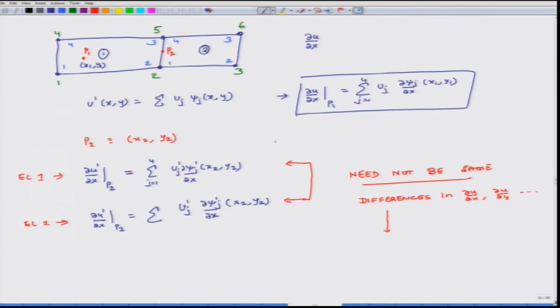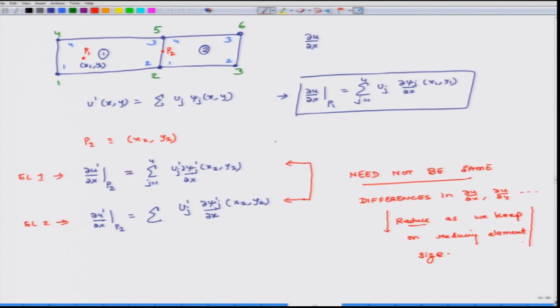They reduce as we keep on reducing the element size.